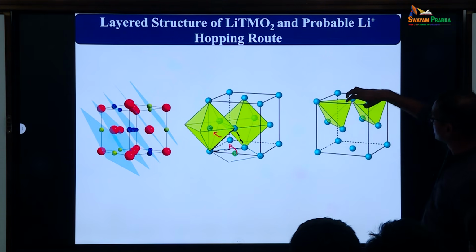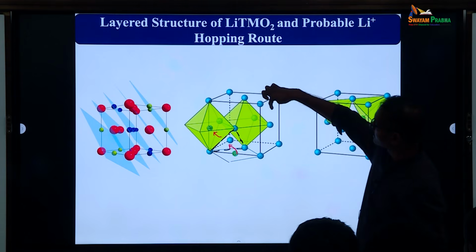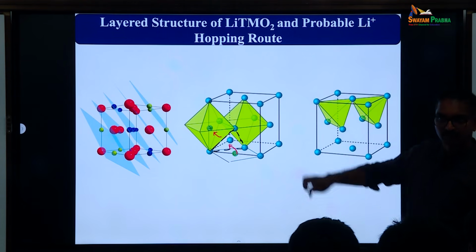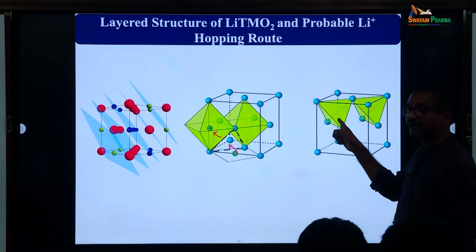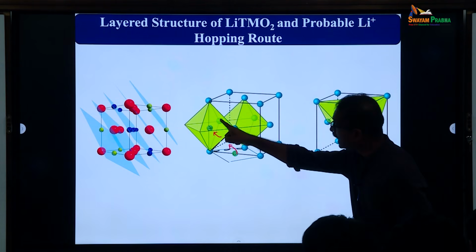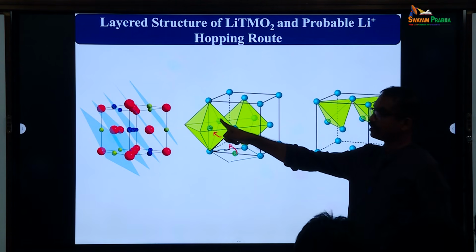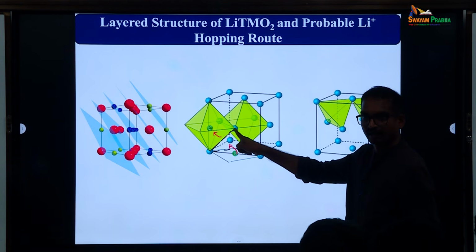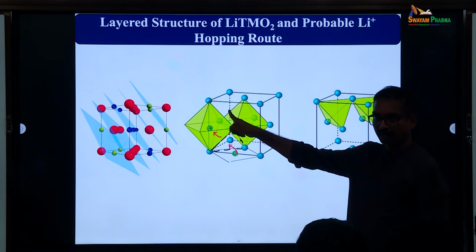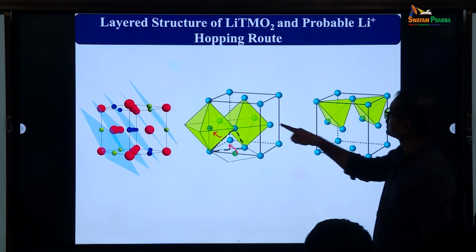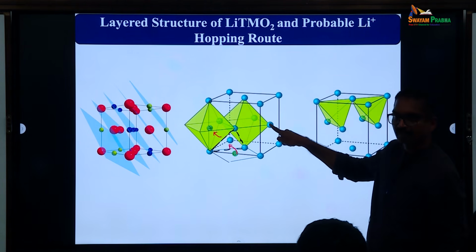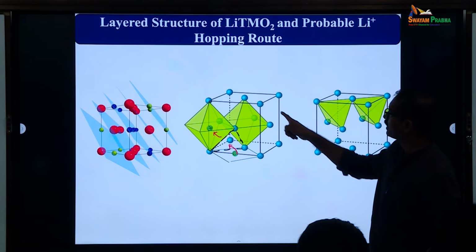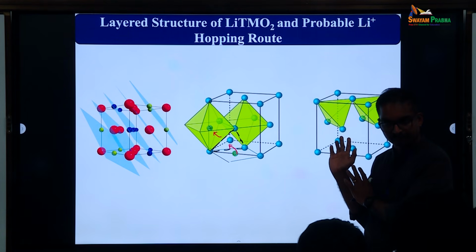Look at this portion, remove this and fit it here, it will fit exactly here. Because your tetrahedra shares a face with the octahedra. So it will share a face here, it will share a face here. So this will fit there. Similarly, this face will be shared by this, and this will be available here for further sharing with the octahedra.